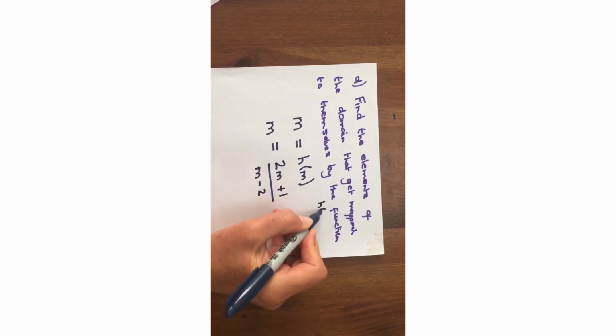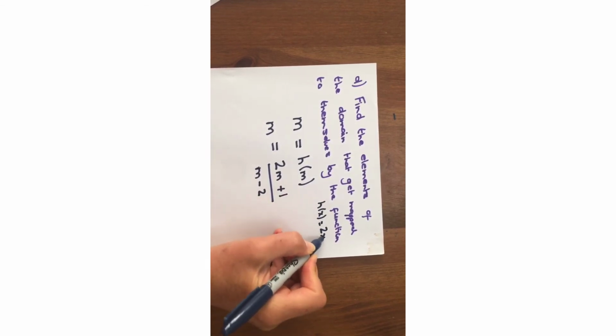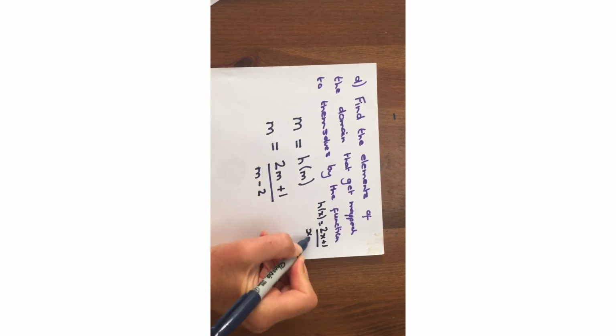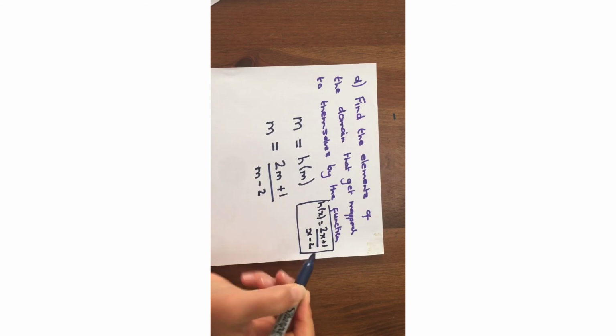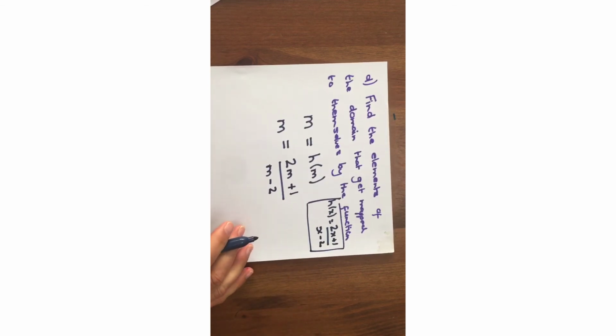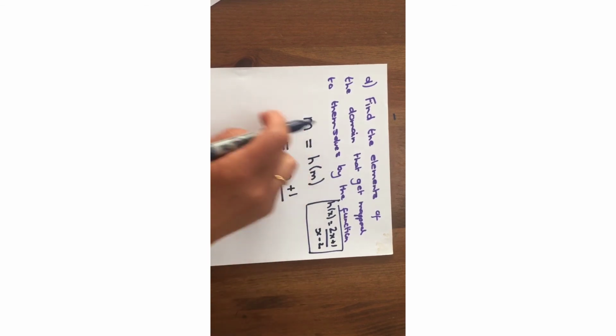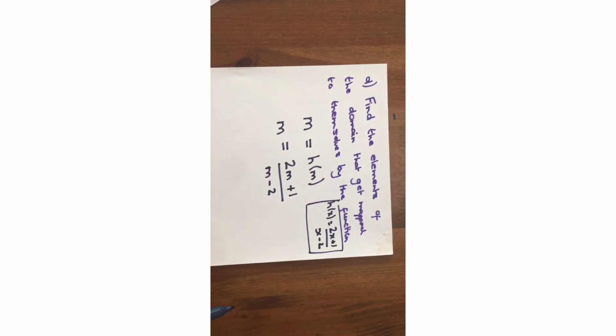This is what you were given at the beginning. And you want to know when you put in a value, you actually get the same answer back. So that's why you're solving this equation here.